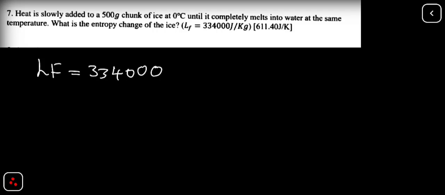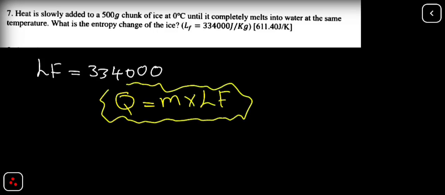The formula we use under the latent heat of fusion is to calculate the heat energy, or the heat added. We say Q is equal to M multiplied by LF.